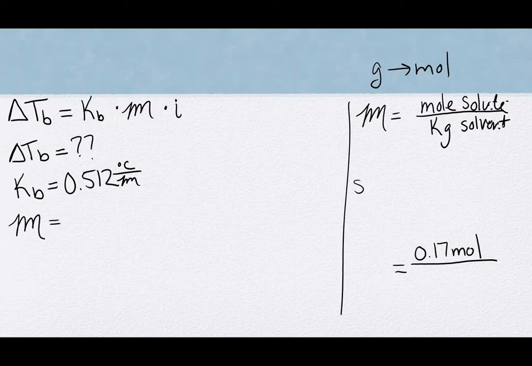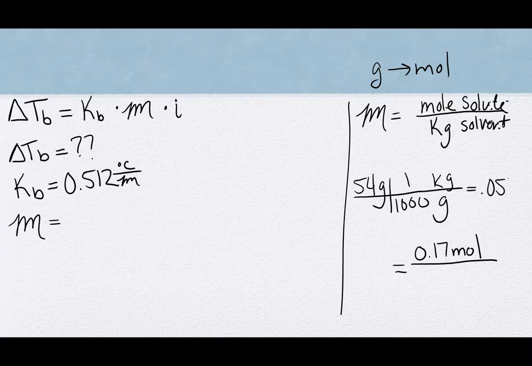So we've got 54 grams. We can do a unit conversion, grams on the bottom, kilograms on top. So in 1 kilogram, we've got 1,000 grams. So 54 divided by 1,000 equals 0.054 kilograms. Or we're moving that decimal 3 places.